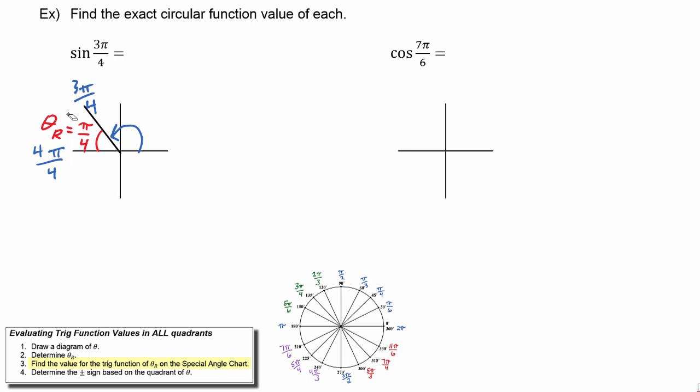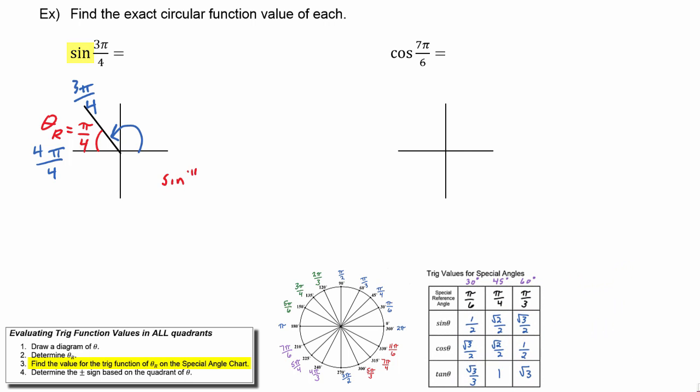Step 3 says to find the trig function value for the reference angle, and we know that our trig function is sine, so we're going to find the sine of pi over 4 on our reference angle chart, and we see that that is radical 2 over 2.